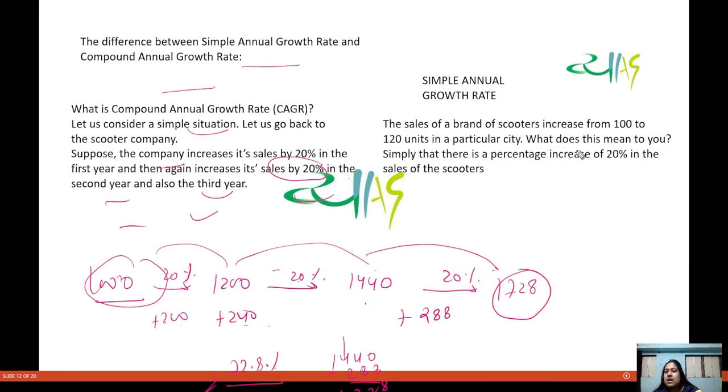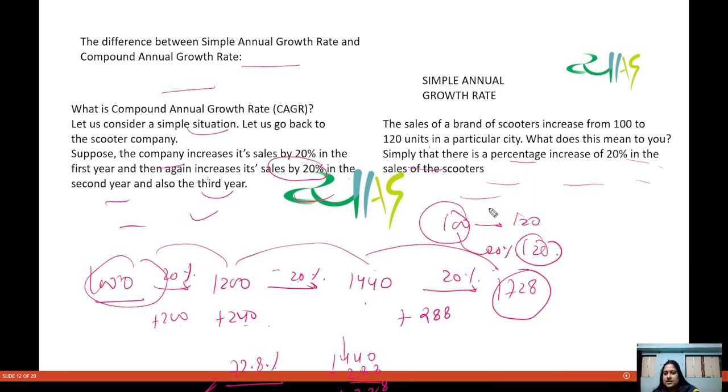Okay, and now see what it is saying in this one. The sales of a brand of scooter increases from 100 to 120 units in a particular city. What does this mean to you? Simply that there is a percentage increase of 20% in the sale of scooters. So simple annual growth rate means that the increase is from 100 to 120 units, and if it is again increasing by 20% on the sale of the initial year, that means 120 only.